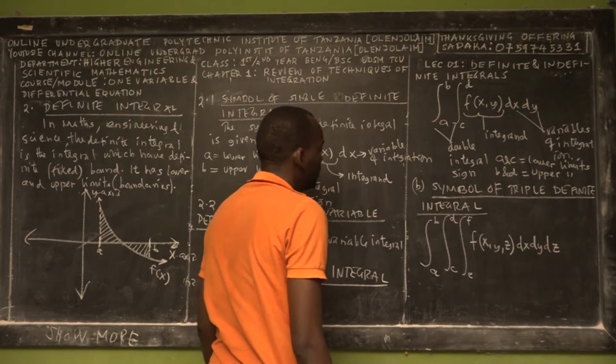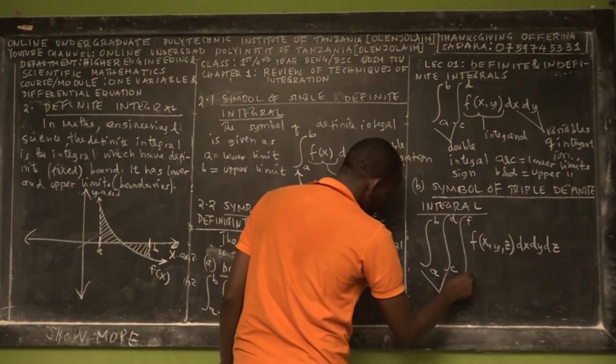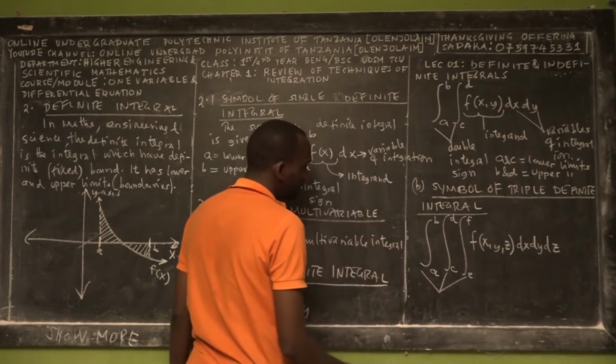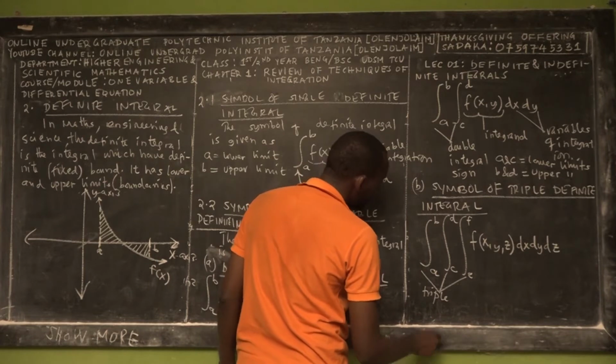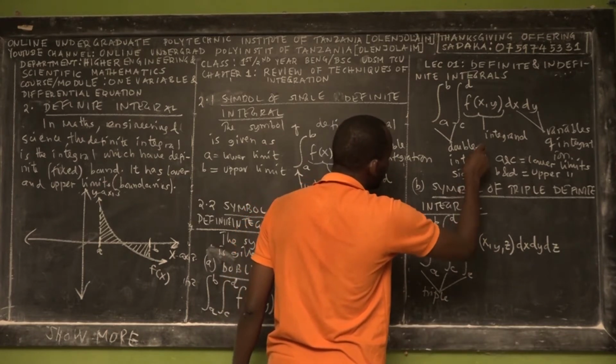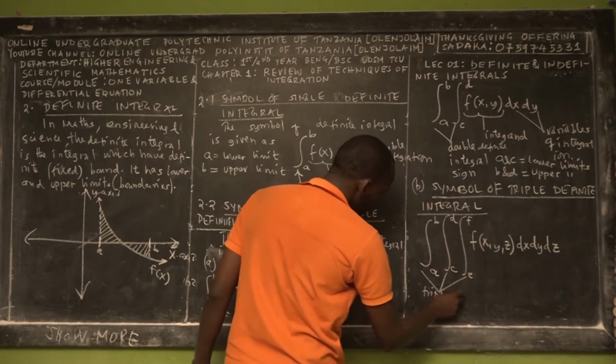All right. So this symbol represents the triple definite integral. Remember that we are still talking about the definite integral.